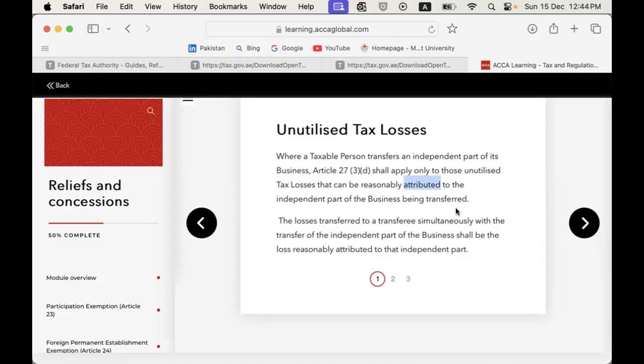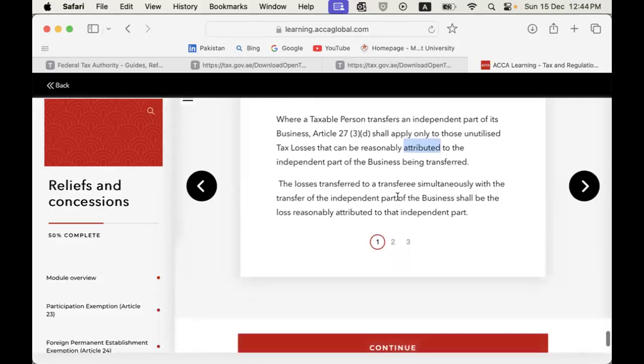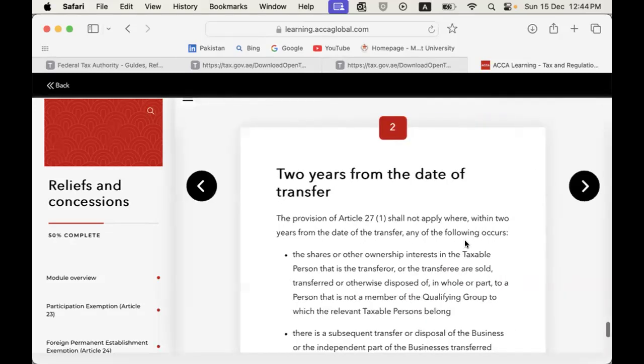So the tax losses will apply only to the extent of being reasonably attributed to that independent part of the business which is being transferred. Losses incurred by a transferee simultaneously with the transfer of the independent part of the business shall be the loss reasonably attributed to that independent part of the business.